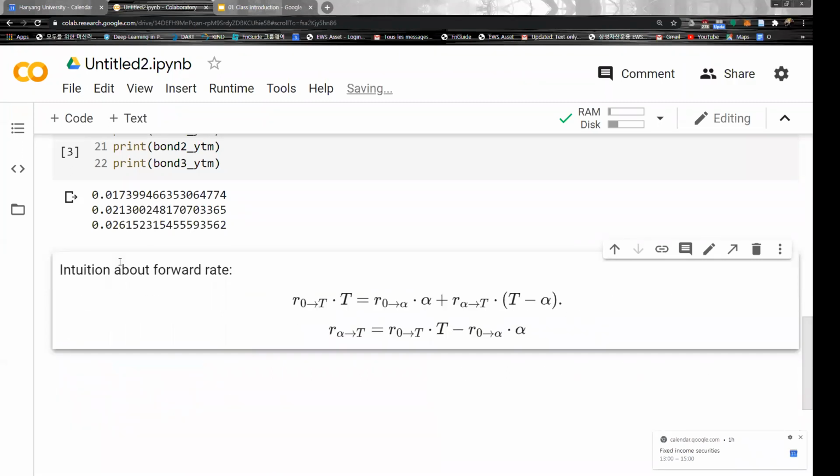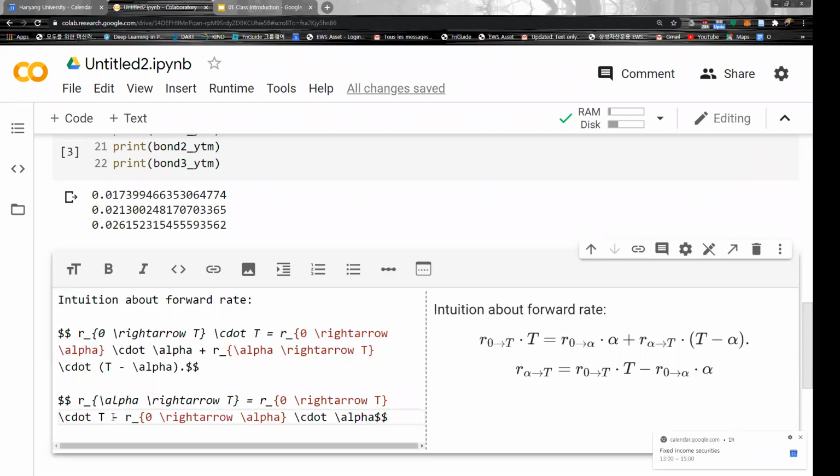But then, of course, we have to divide each side by T minus alpha.